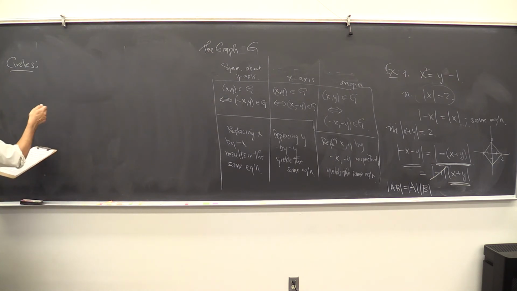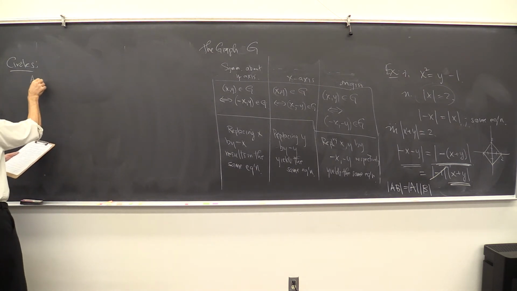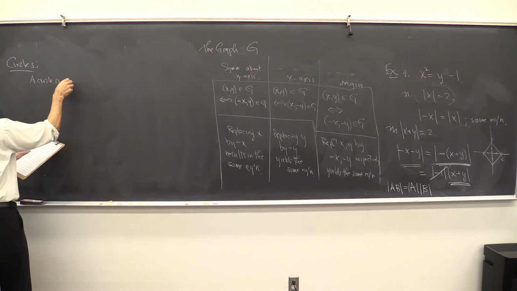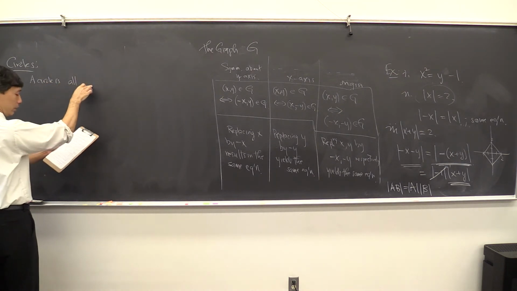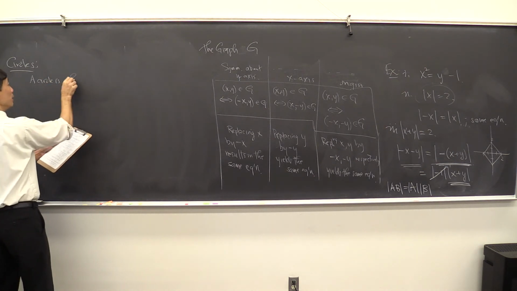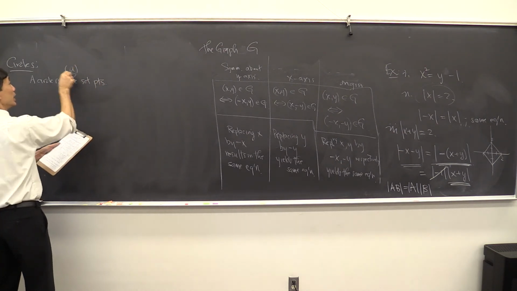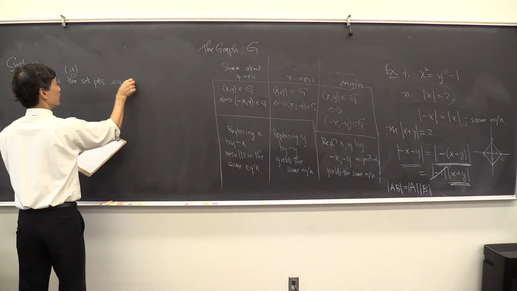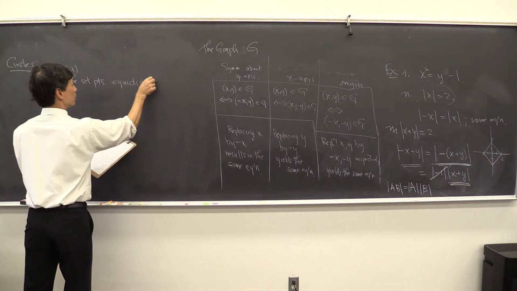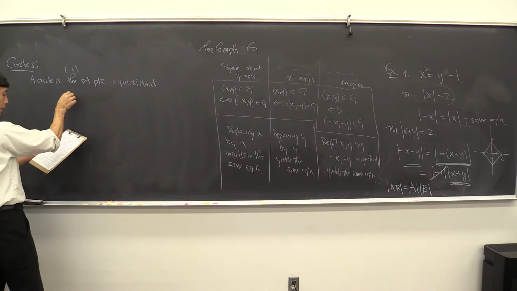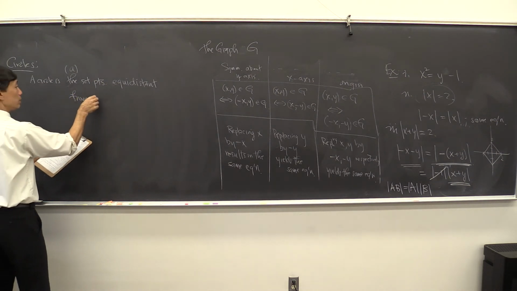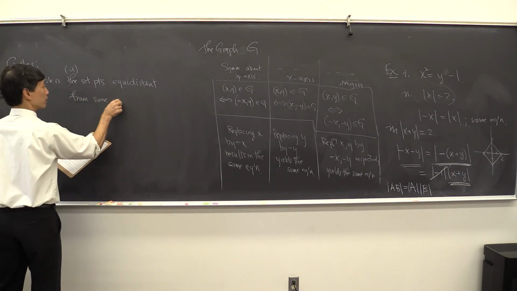So remember what a circle is, right? A circle is the set of points, or maybe I should say a set of points, equidistant from some central point.